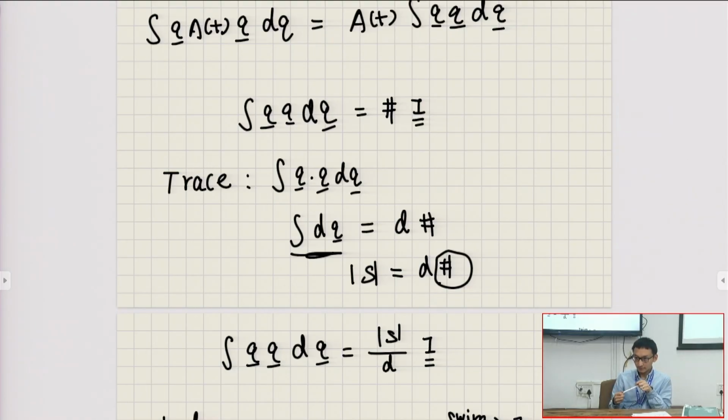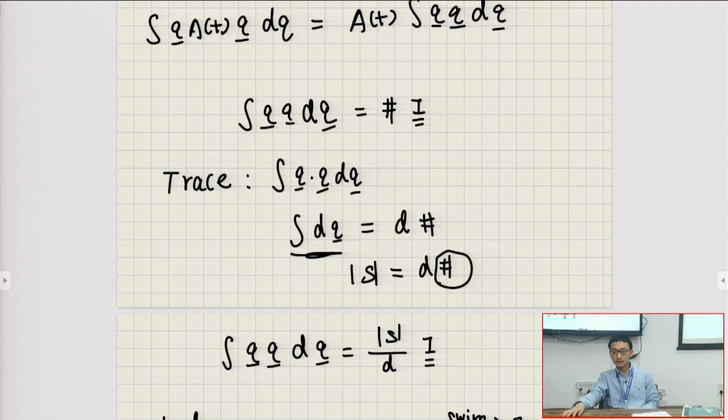Does that make sense? Which means it has to be equal to a tensor that's spherically symmetric, and the only one is the identity. That's the definition of identity: any kind of rotation doesn't change it. So this has to be proportional to the identity tensor.